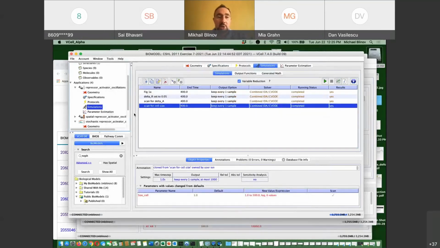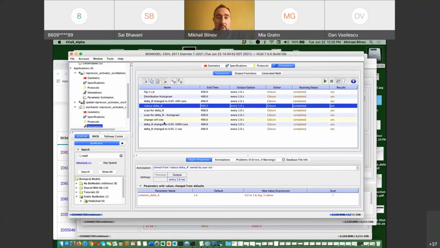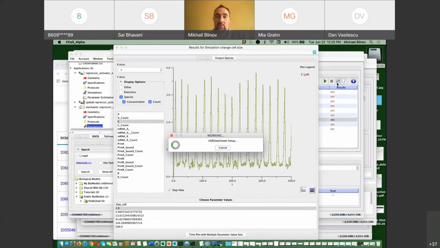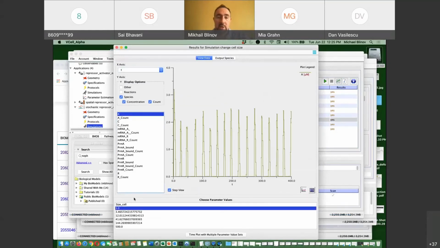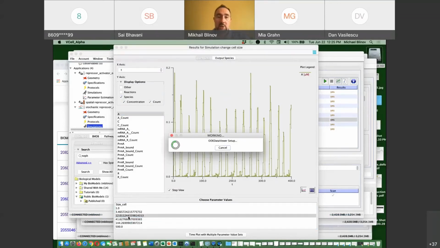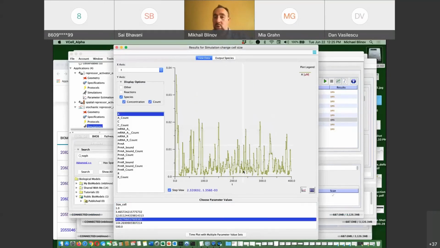If you do the same stochastically, then the behavior is not obvious. So this is A. Here is nice oscillation, and here too. Here you don't know if it's oscillation or not, because it's already a pretty low number, and whether it oscillates or not is not clear.